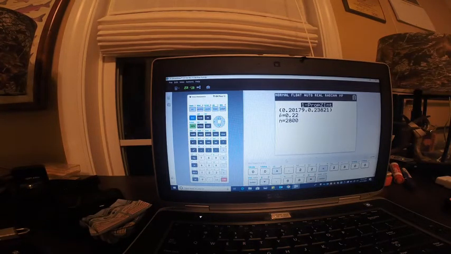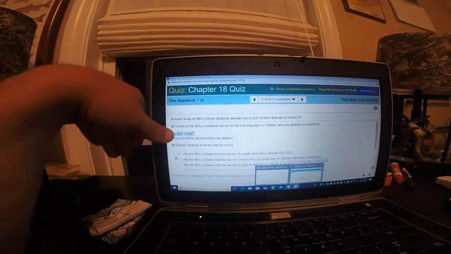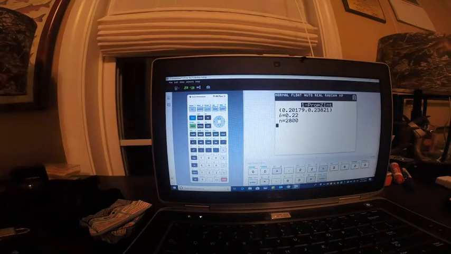So from 0.20179 to 0.23821. And if we compare to what we have here, when we round it appropriately, it is indeed correct. Okay, B says, explain carefully what the interval means.